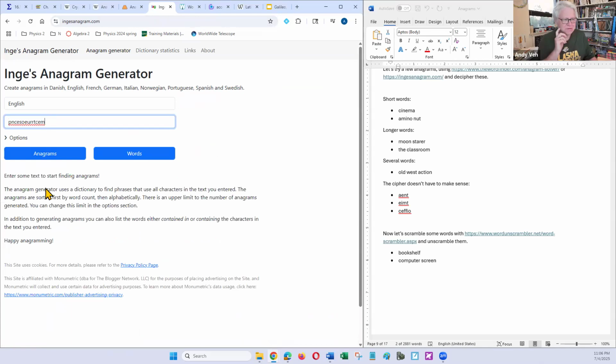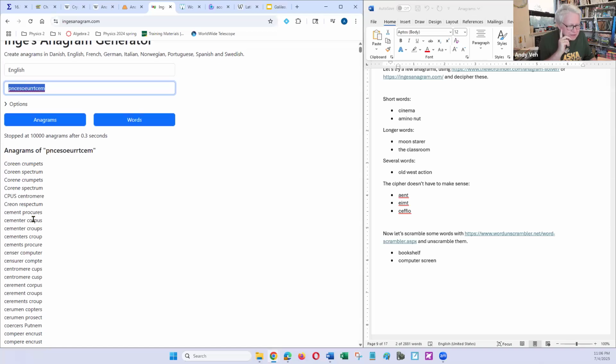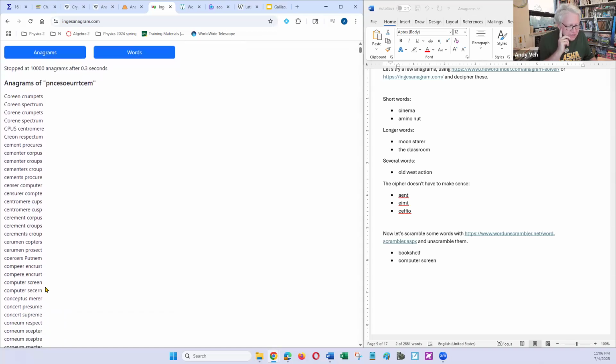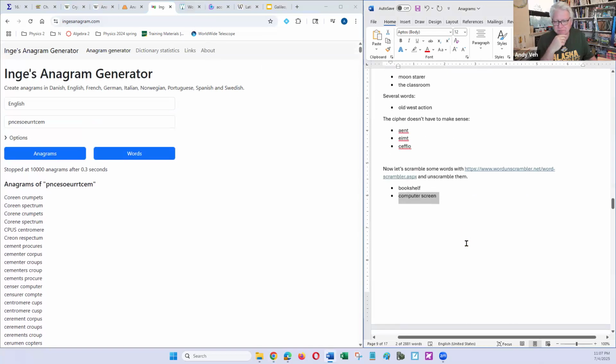Maybe it doesn't remember. I don't think this one is AI. So I took this totally scrambled here, and then we go down here, and it makes words out of it. And can we see it? And there it is. And if you look at all these others here, this is the only sensible one, right? Computer screen.